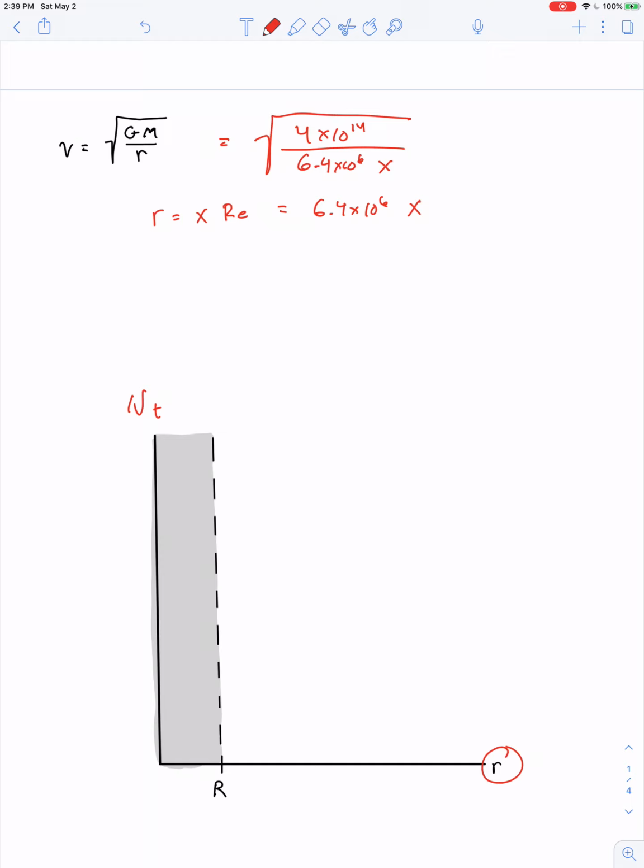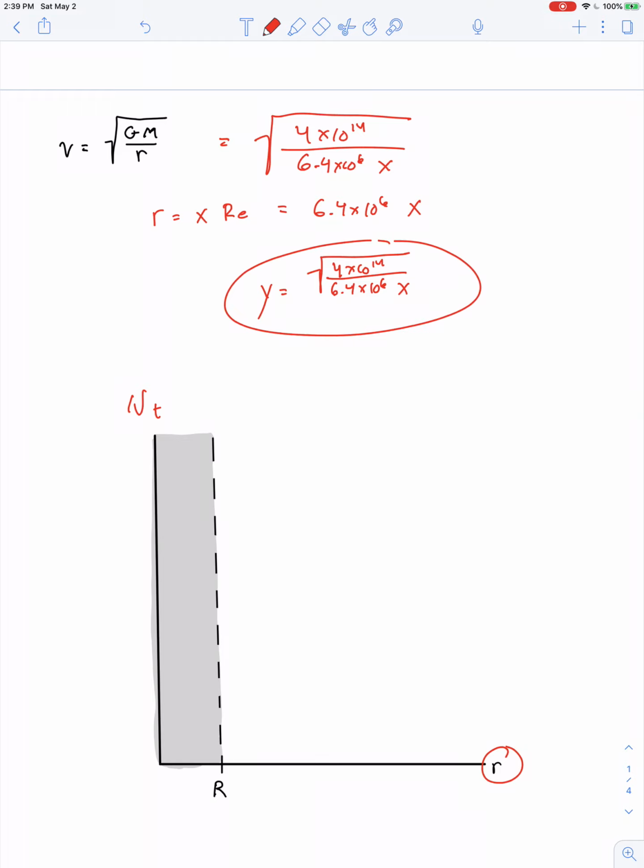So I encourage you to make a graph using Desmos of y equals the square root of 4 times 10 to the 14th over 6.4 times 10 to the 6th x, and see what that graph looks like.